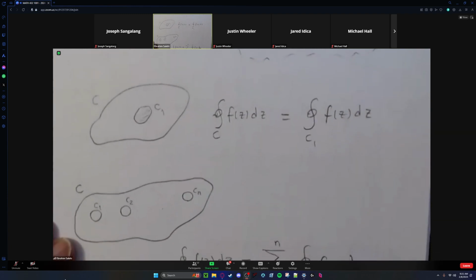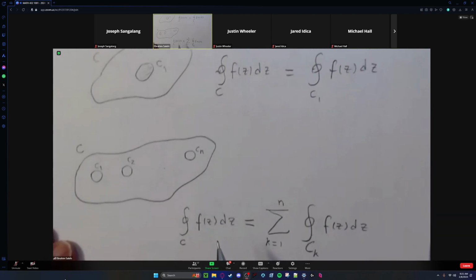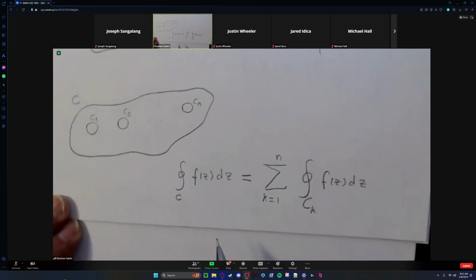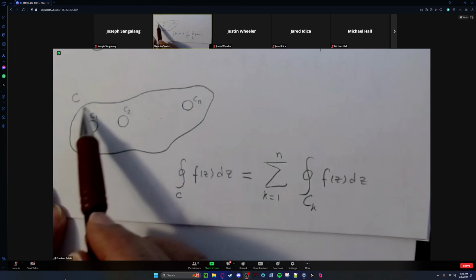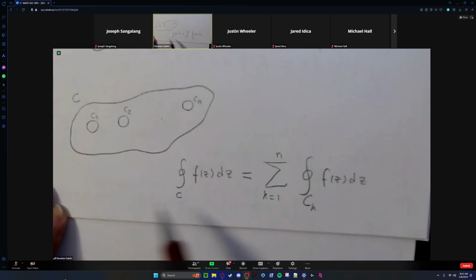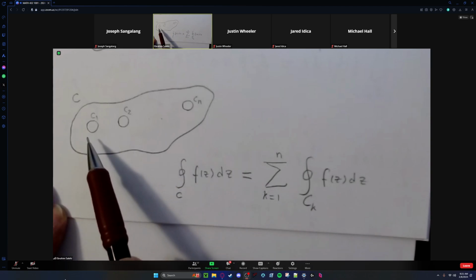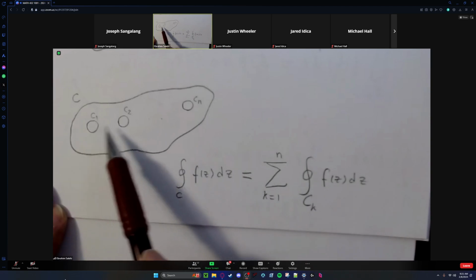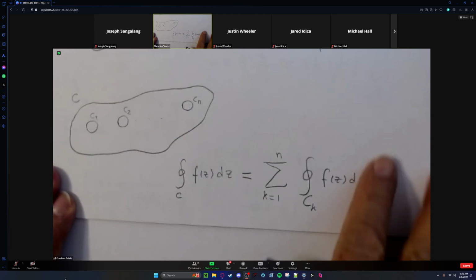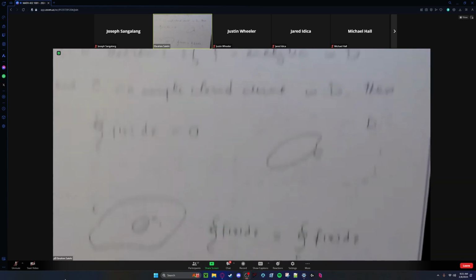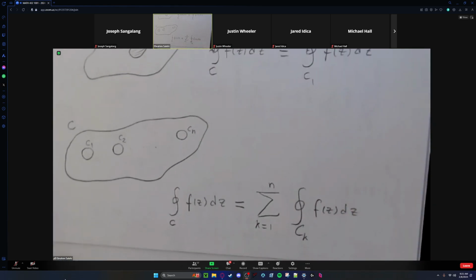If you have more holes, this is what happens. The integral over the outer boundary is the same as the sum of the integrals over these. Okay, any comment, any question about this sort of brief explanation?